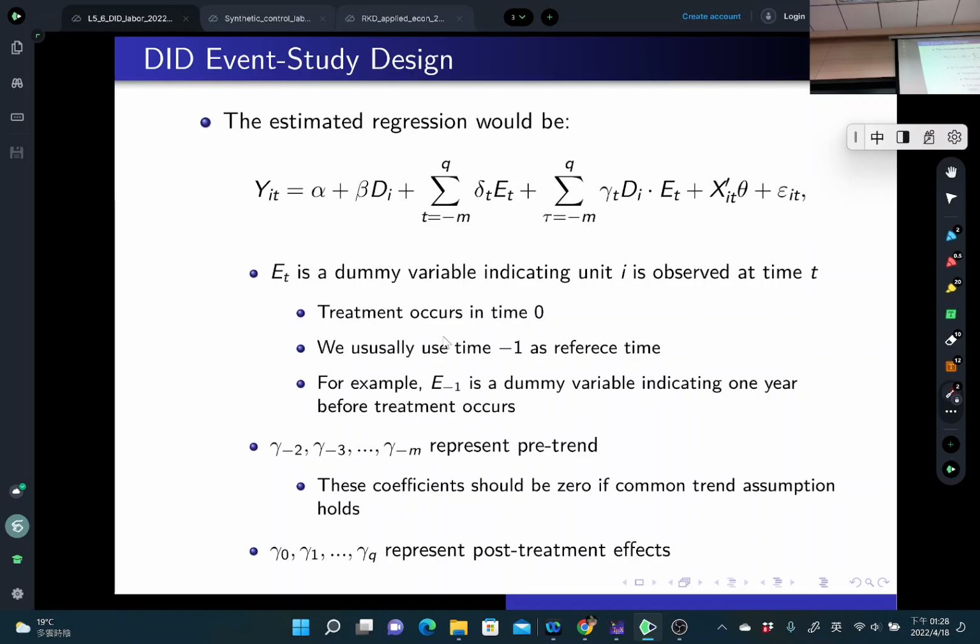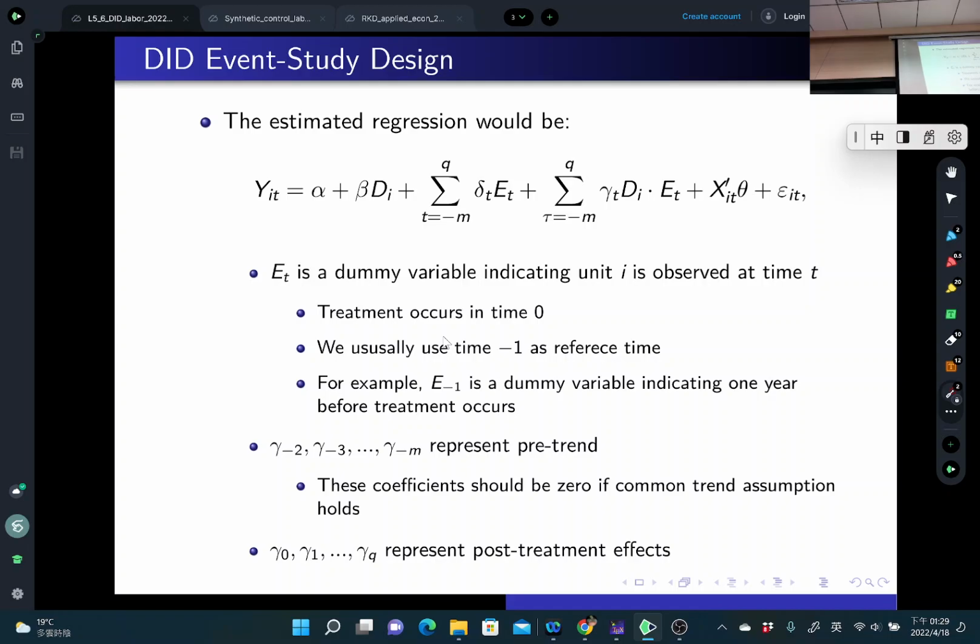So usually we will recenter the timing to the time the treatment happens. So treatment occurs at time 0. And we usually use the time just before treatment happened as the reference time.